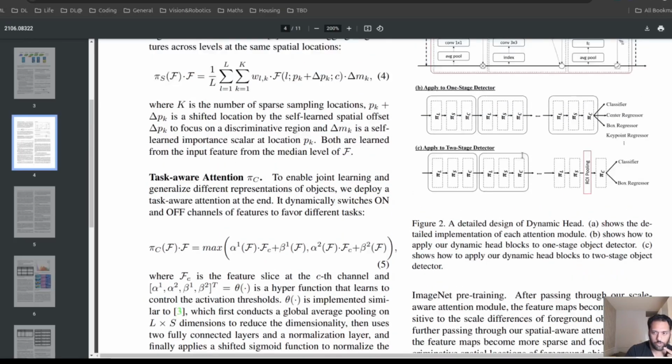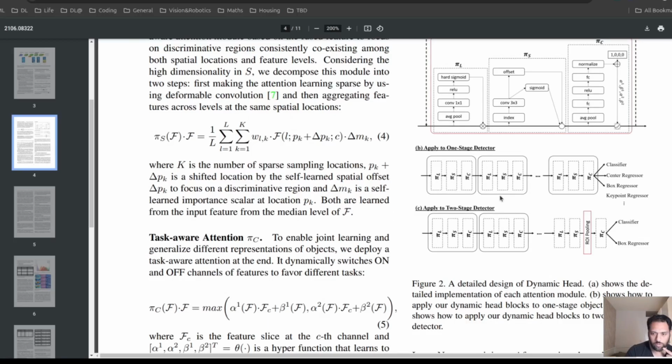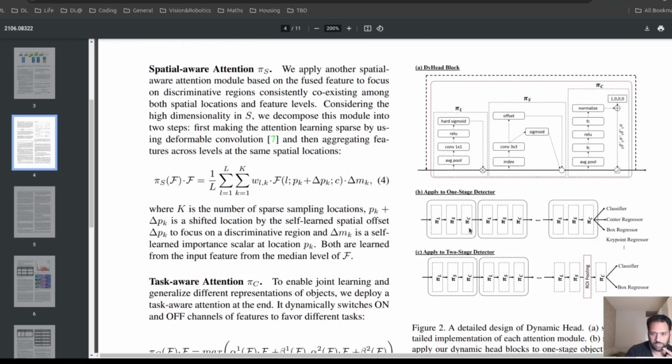So this is the whole motivation, and the idea is we can stack all these dynamic heads one after the other. So we can stack them all together, and instead of having separate branches for each of these heads, we can just stack them, and then finally we can have this classifier or bounding box regressor instead of having separate branches.